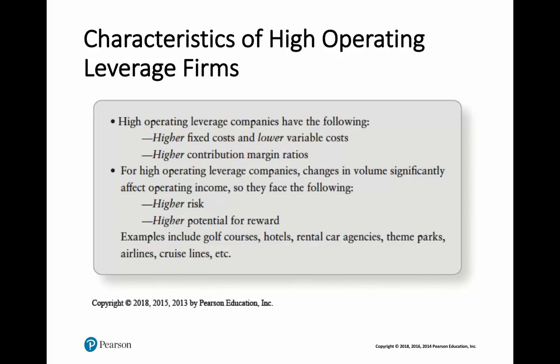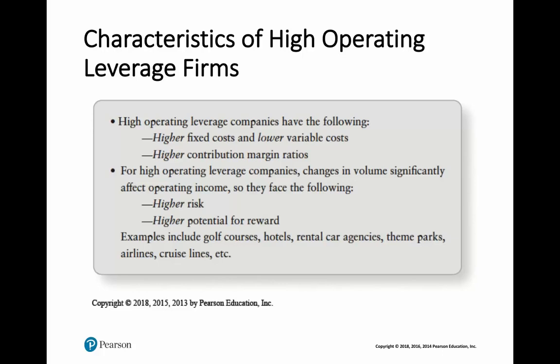And our examples there: golf courses, hotels, rental car agencies, theme parks, airlines, cruise lines. The common thread there is they're all service industries. So a lot of service industries have high fixed costs. And all of those are businesses that basically own a significant dollar amount in assets, right?